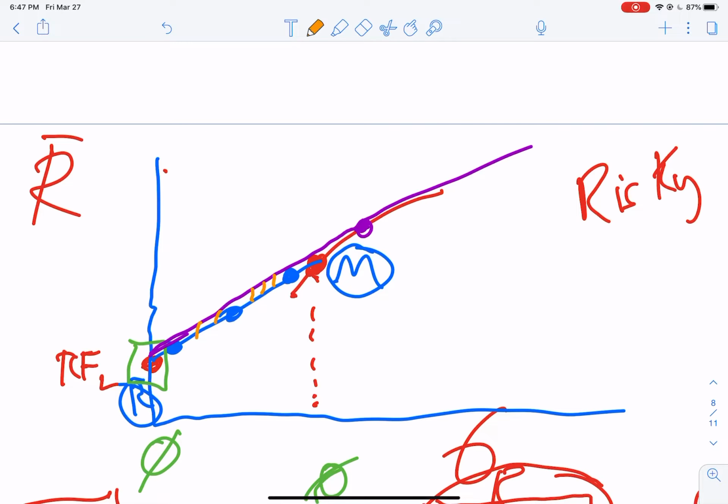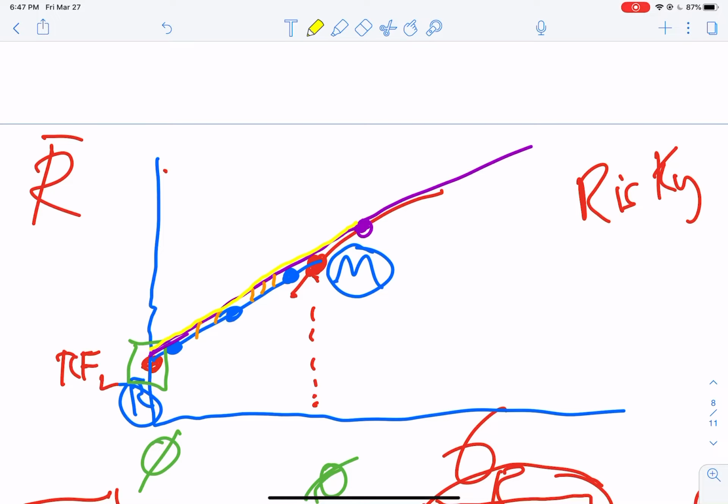Okay, and this means that this curve, I'll now highlight this curve in yellow. Okay, this line right there is the best that we can do.